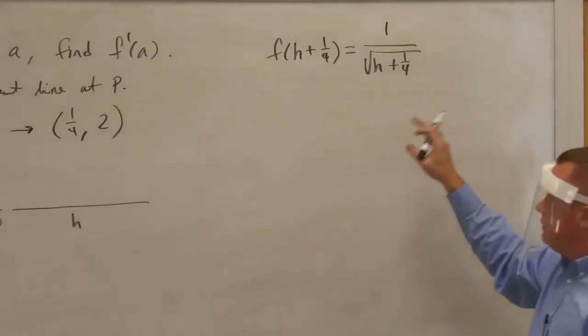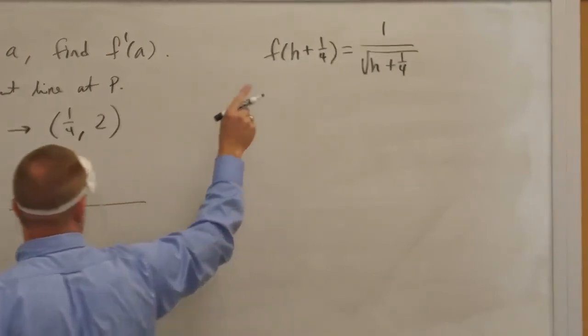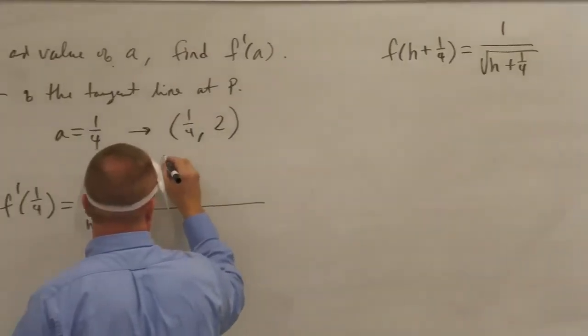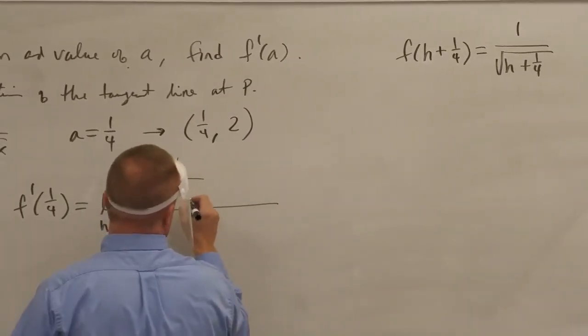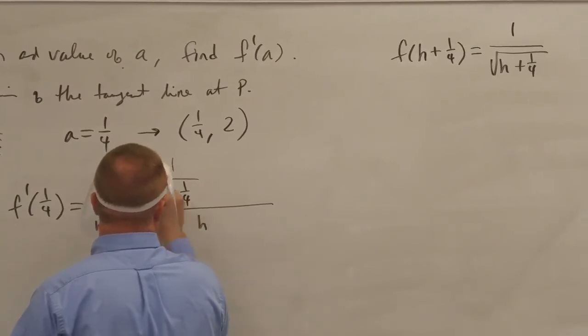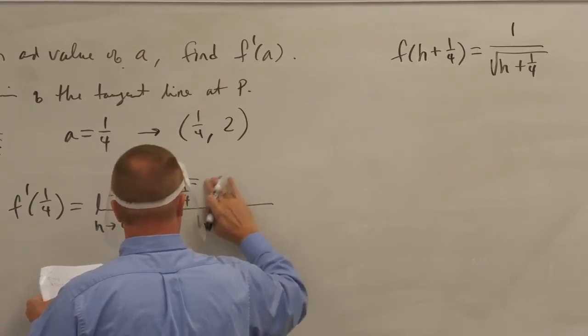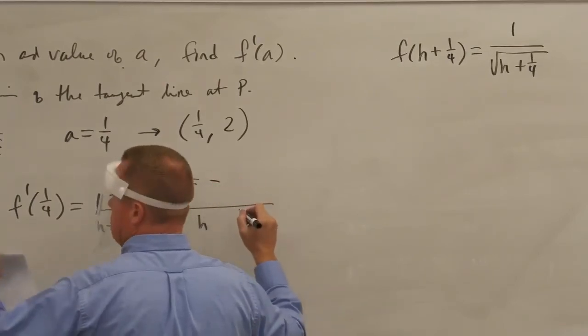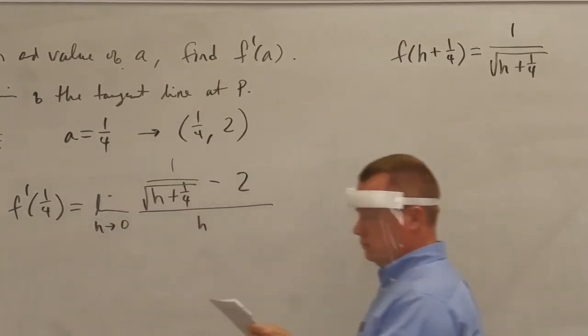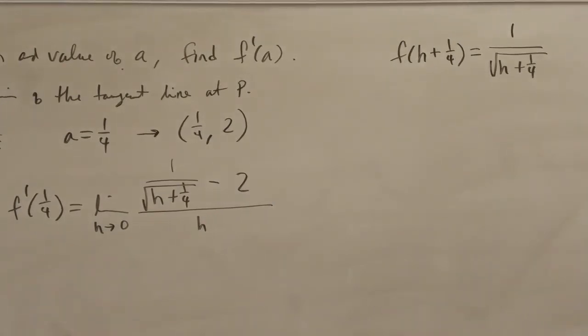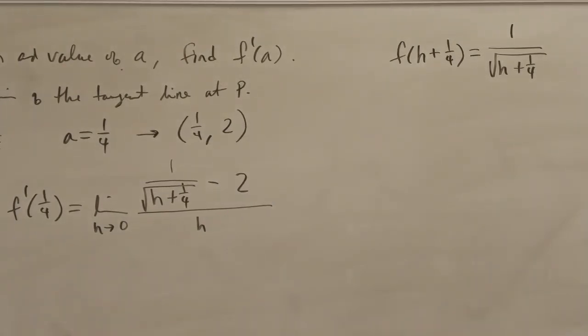All right, so let's put that in here. So I've got f of a plus h, which is 1 over root h plus 1/4, minus 2. All right, so any questions up to that point? Plugging all that in.